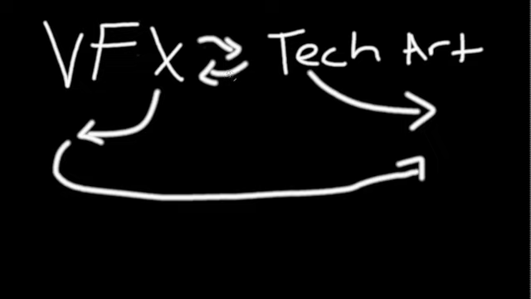Or do I want to work only with particles and really only with textures, and not really lean into shaders as much and not really lean into technical stuff as much? It's not to say that you can't be technical as a VFX artist, though. You definitely can. And in many ways, it's going to be appreciated.